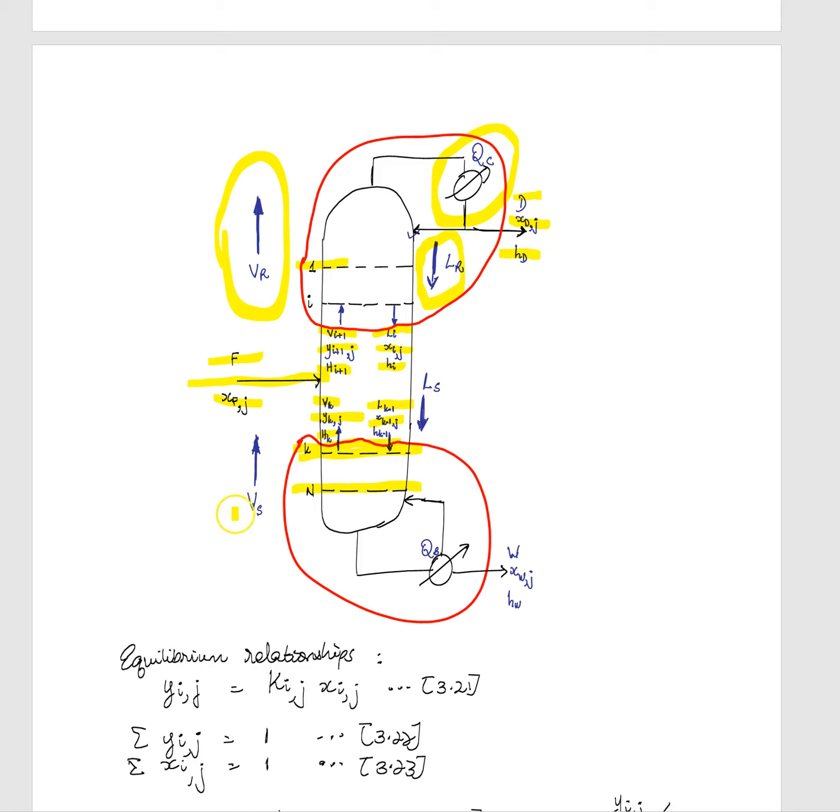The vapor flow rate in the stripping section would be Vs, and the liquid flow rate Ls. This here is our reboiler with its associated heat that is added to recycle some vapor back into the column. Coming out of the bottom of the column would be our bottoms product stream W, having its own composition and enthalpy.